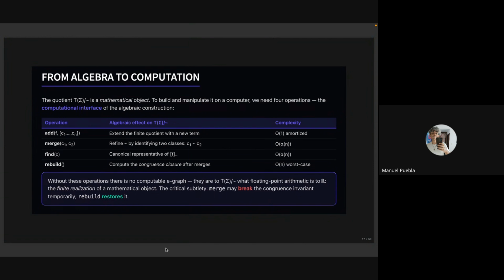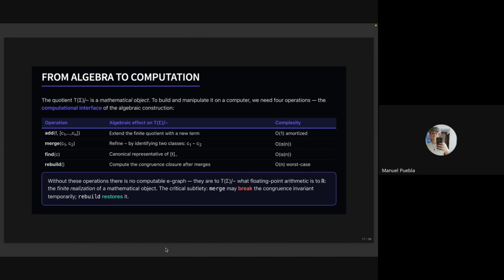So in order to implement this in a computer, we need to construct functions that operate at different levels: add, merge, find, and rebuild. They all have a place in the construction of the graph, and they all take place in the saturation part of the equality saturation algorithm. We need those functions.